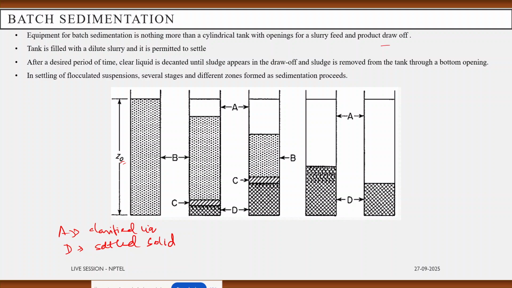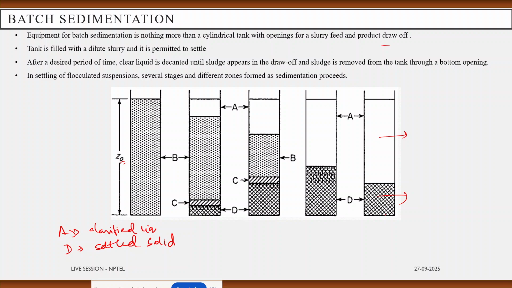So eventually what happens is that the zone B disappears and all of the solid of the zone C comes to the zone D. So at the last we see clarified water and all the solids compacted at the bottom of the container, that is known as compressed solids.